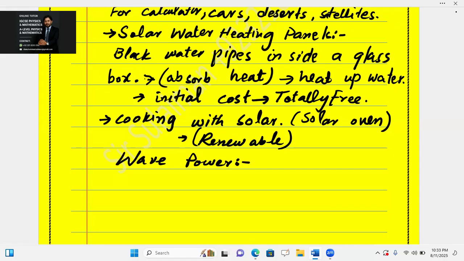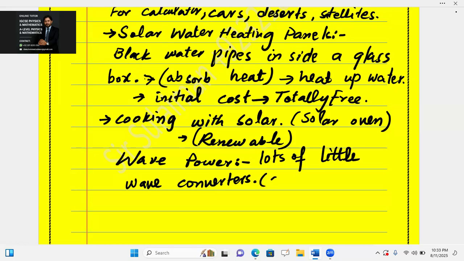Wave power basically requires lots of little wave converters, which convert the energy produced in the waves. One way of harvesting wave power is with lots of small wave converters located around the coastal areas, because waves are continuously coming onto the surface of the ocean.